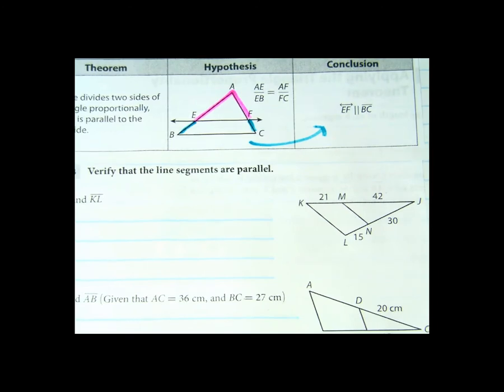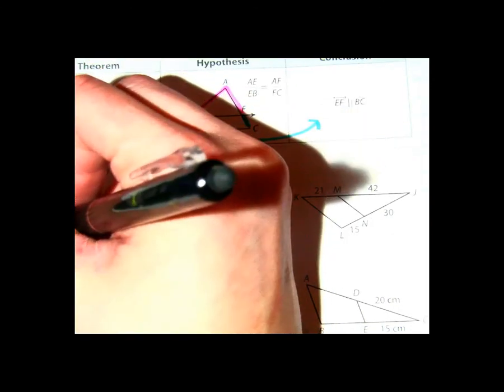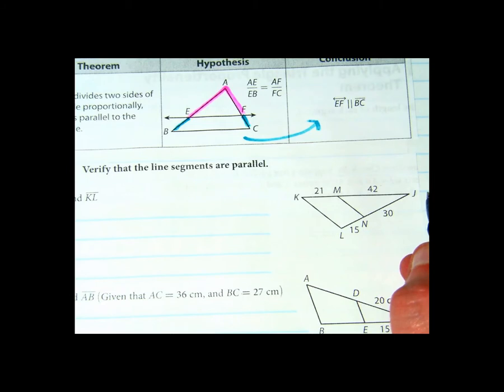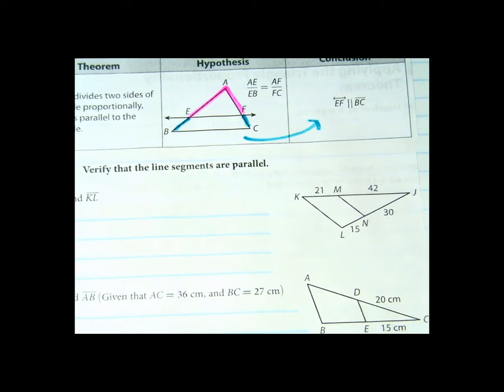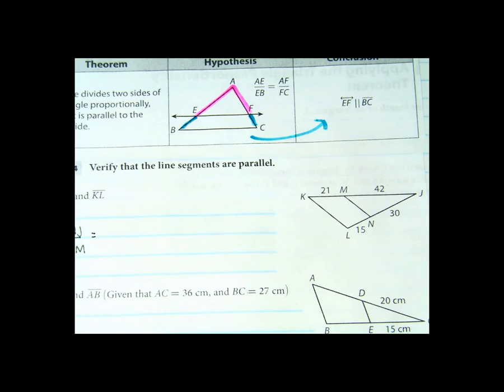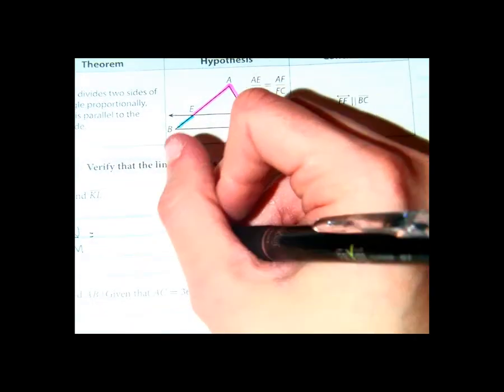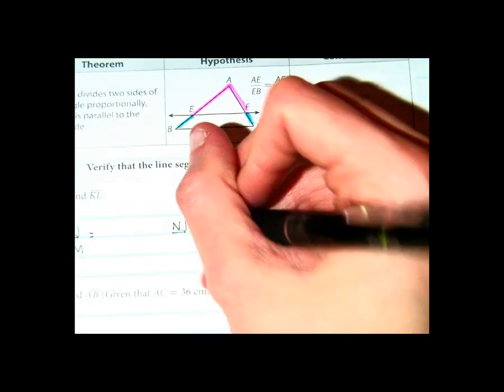MJ over KM, we'll figure out what that is, and we'll need to figure out what NJ over LN is.